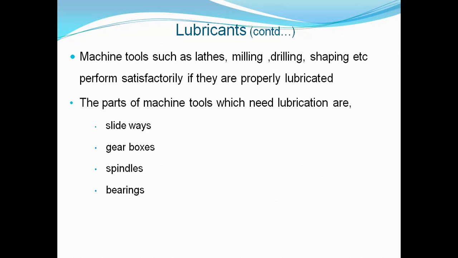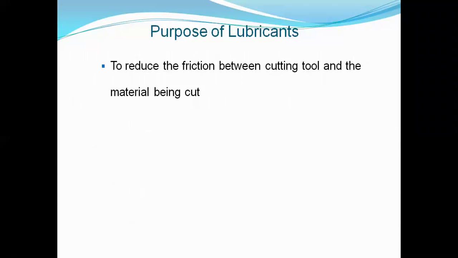In the bearings, we are using lubricants. Understood? Bearings are generally used for reducing the friction between two rotating parts. In bearings, the main element is lubricant, okay, and mating parts. So these parts need lubrication: slideways, gearboxes, spindles, bearings, and mating parts.